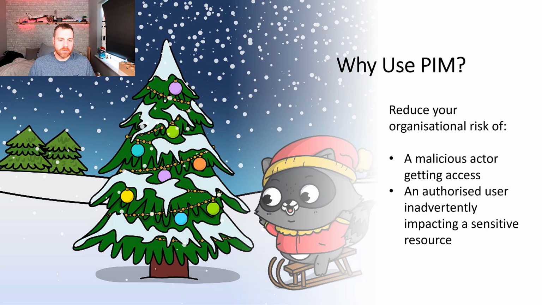So we've already touched on it, but why use it? Why do we need to use PIM? Let's put it this way. If you're an organization, the biggest challenge at the moment is reducing the risk of breach. We're hearing more about MFA fatigue attacks, with the Uber breach recently, or the second Uber breach recently.